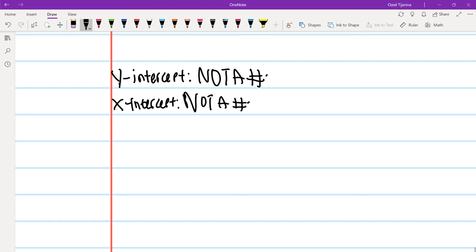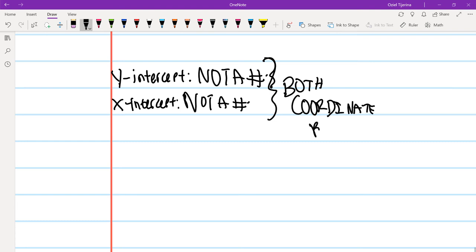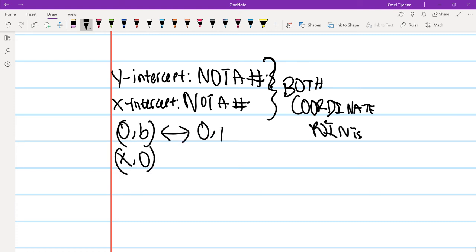It's a coordinate. So the y-intercept would be of the form (0, b), and then the x-intercept would be (x, 0).